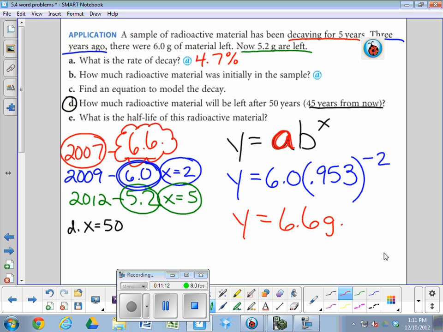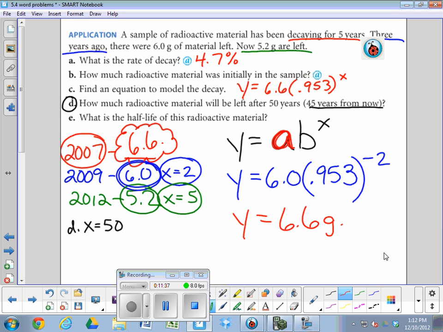Find an equation to model the decay. So for part C, let's use y equals 6.6 times 0.953 to the x. How much is in there after 50 years? Plug in 50. See what you get.